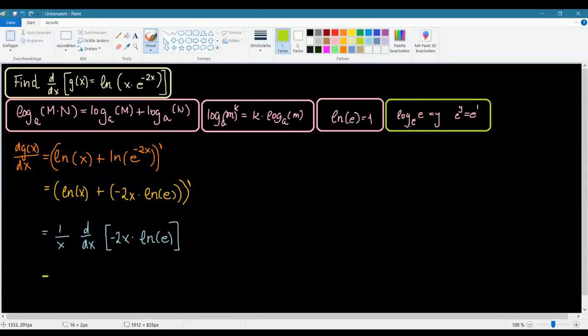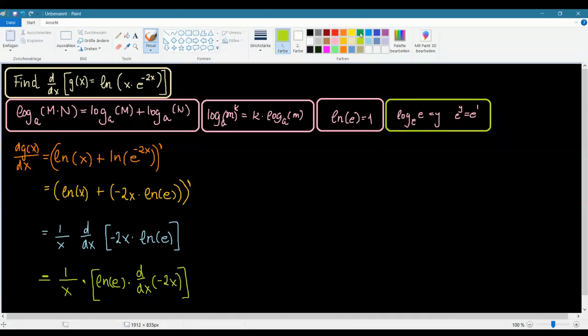I mean, the derivative of 1 is 0, but in this particular case, it's just 1, so whatever we multiplied by is just itself anyway. This becomes 1 over x times ln e times dy dx of negative 2x.